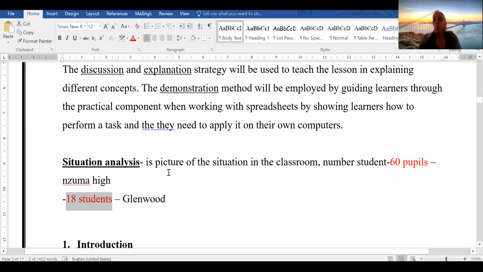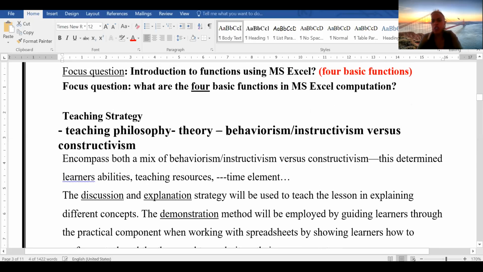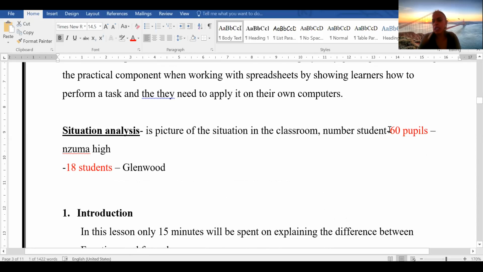Good, good. So, what kind of strategy do you think you will apply in the school with 60 learners? Which one will you be forced by circumstances to select between behaviorism, instructivism, and constructivism?